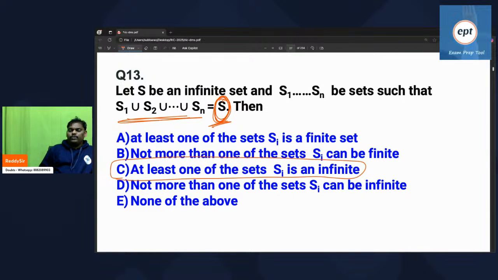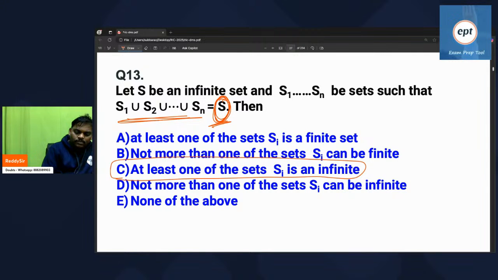Otherwise, how is it possible? If the union of 5 sets became infinite, it means at least one of the sets is infinite. All may be infinite, maybe 2 may be infinite, maybe 3 may be infinite. At least one infinite is the better option.